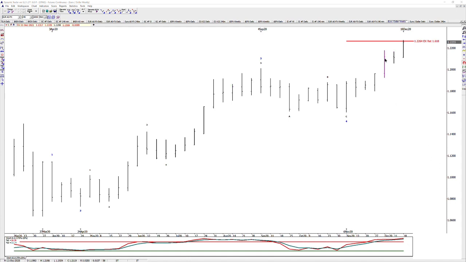So this is what we would say: we're totally on alert. We've reached the end of wave 5 price. The weekly momentum is overbought. Let's go to the daily data.